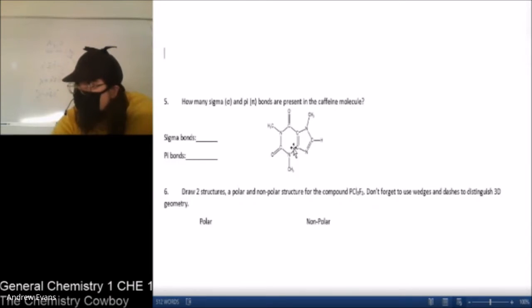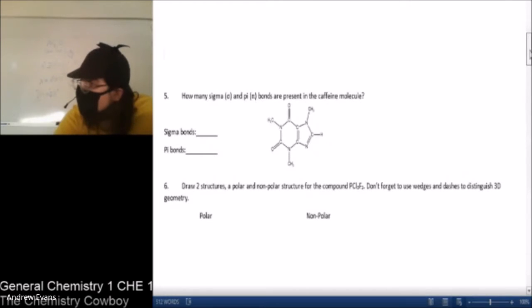But people would always miscount something and lose some points because instead of 25, they'd get 24 somehow. They would miss a bond. So I'm trying to make that less likely. If it's completely spelled out and all the bonds are shown, just number the bonds. It will help you.